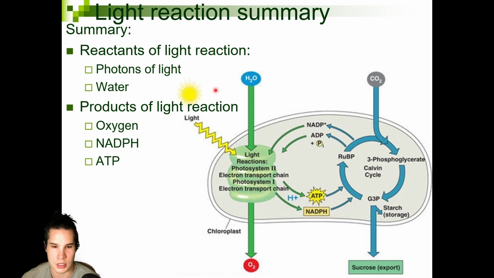So here on the left, it depicts what's happening in the light reaction. Water is going in, light is going in, oxygen ends up coming out, and what we're producing is NADPH and ATP. So then we're going to move on to the light-independent reaction, or the Calvin cycle.